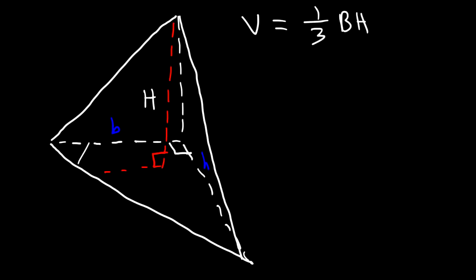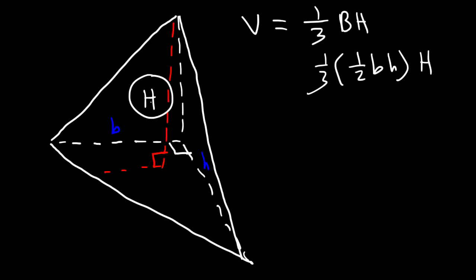So in order to find the area of the base, which is this triangle at the bottom, we need to use this formula. It's 1/2 base times height. So make sure you distinguish the height of the pyramid, which I'm using capital H, versus the height of the triangular base, which I'm going to use as a lowercase h to distinguish them.